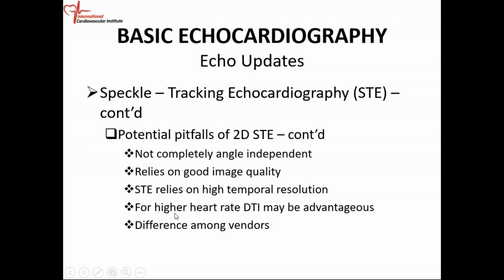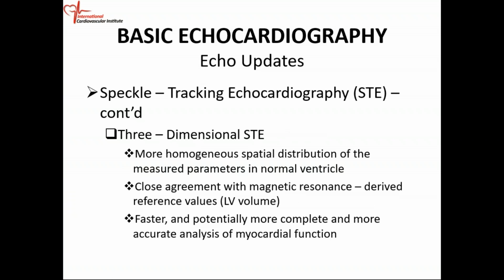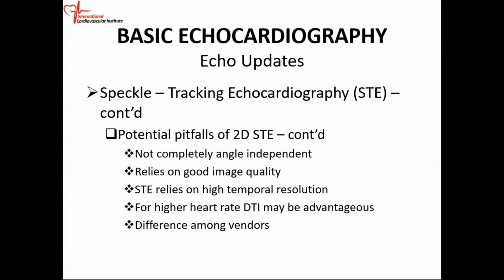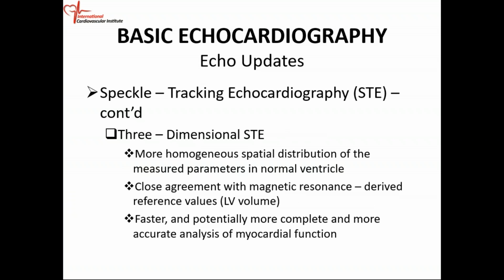If the patient has a very high heart rate, tachycardia for whatever reason, then you probably should use your tissue Doppler imaging. And the reason why you don't have widespread use of strain is because the different vendors, the GE, the Philips, they have different protocols. The protocols are now being standardized, so you'll see more reporting because the results are standardized.